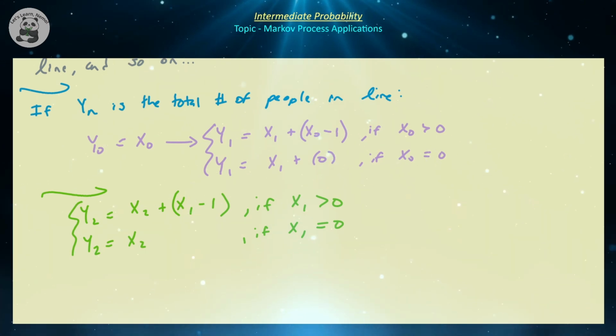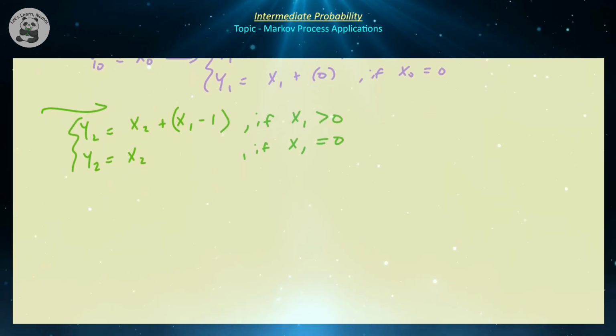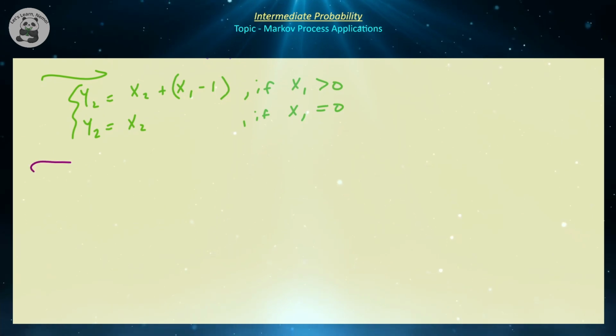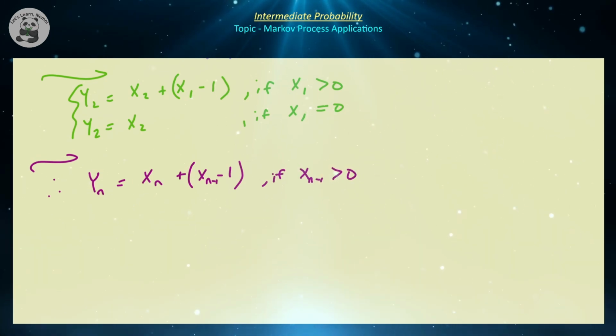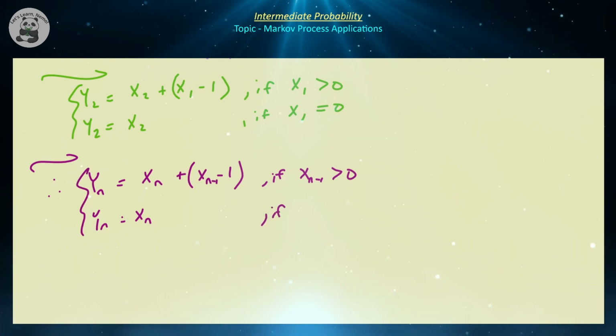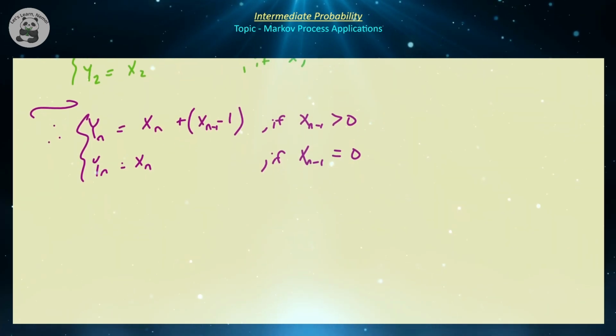So from this little pattern, you probably can easily generalize this at time t is equal to n. So generally speaking, yn will be equal to xn plus yn minus 1 minus 1, provided that yn minus 1 is greater than 0, and yn will just be equal to xn in the scenario that yn minus 1 was equal to 0.